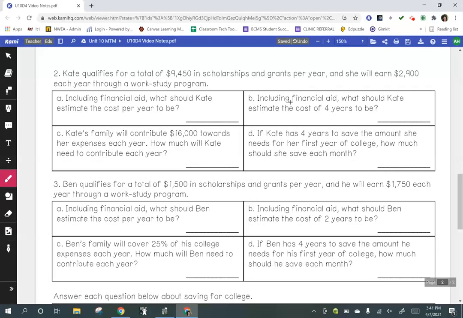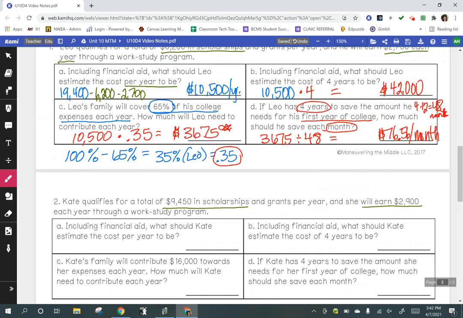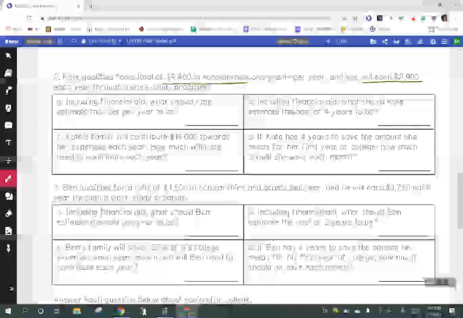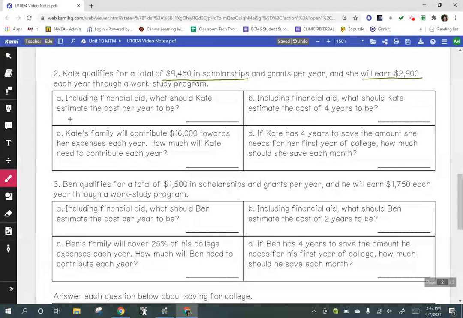Okay. All right. So Kate's a little bit different here. Kate qualifies for $9,500 worth of scholarships, and she will earn $2,900 each year through work study. Okay. So let's remember, Kate, the cost for a year was $40,300. Including financial aid, what should Kate estimate the cost to be per year?